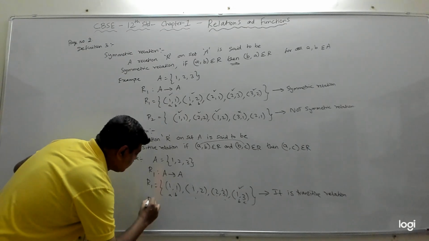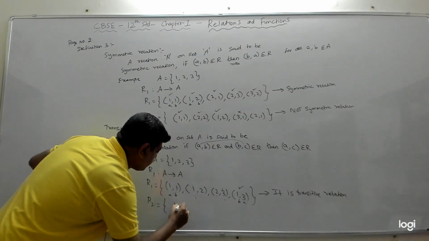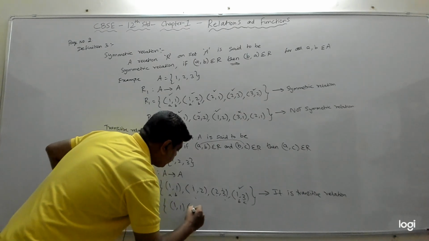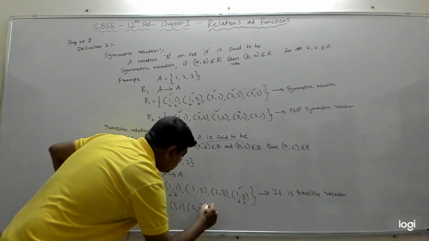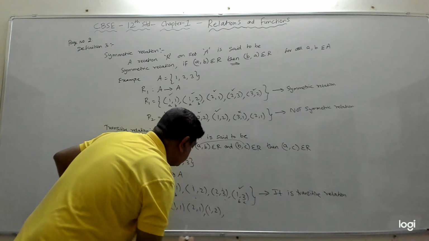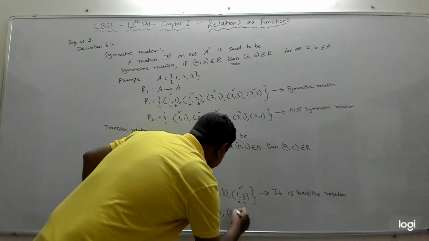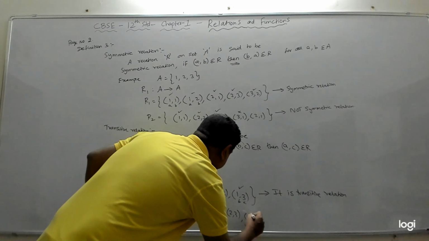Now let's take another example. Suppose I take another relation R2 on the same set A: 1 comma 1, 2 comma 1, then 1 comma 2, then 2 comma 3 and 1 comma 3.